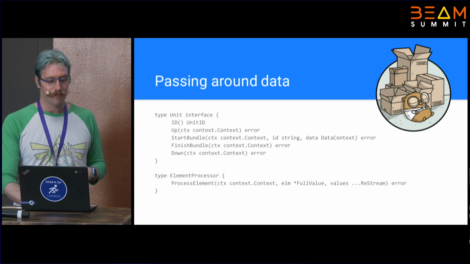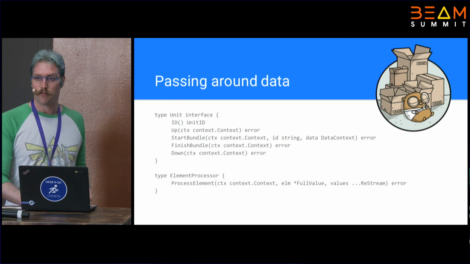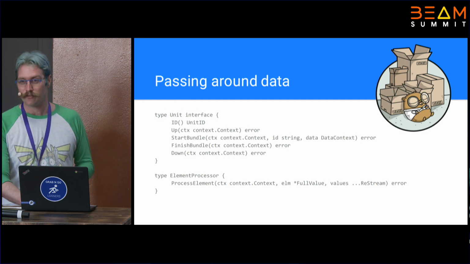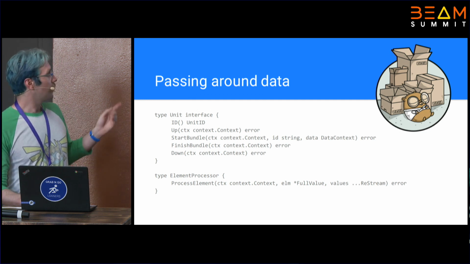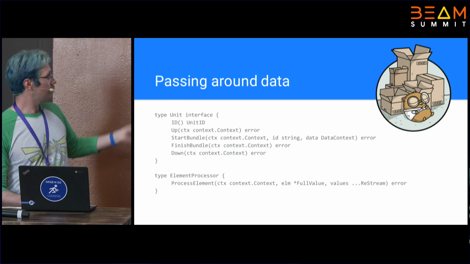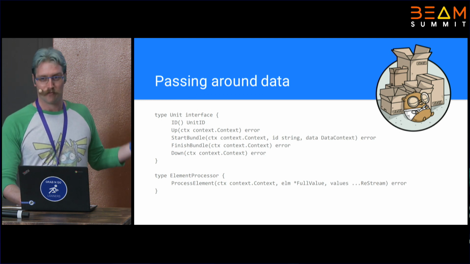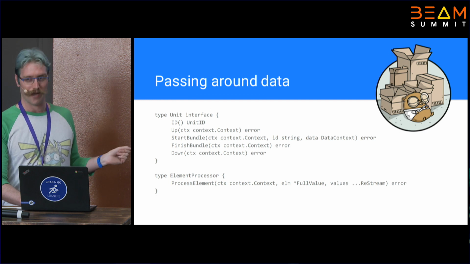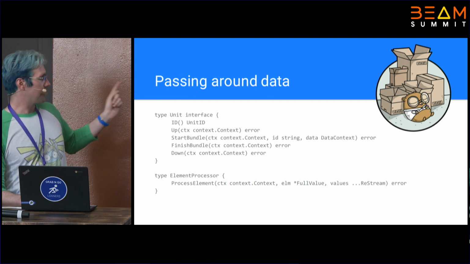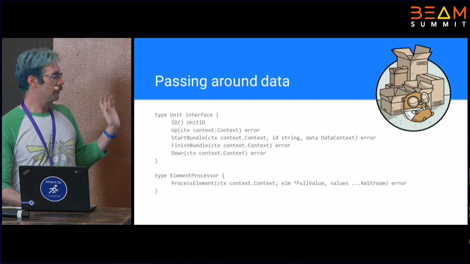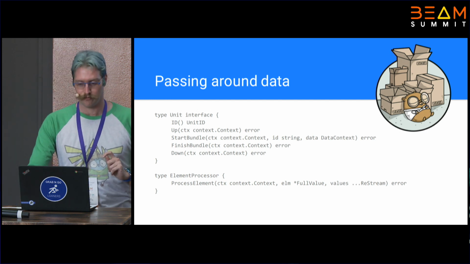For lack of a better name, it got called unit, but you can see it represents the bundle lifecycle for the most part, where things are started up, things can be torn down, and start bundle and finish bundle are done as well. Further, there's the element processor interface, which then executes things with the full values.